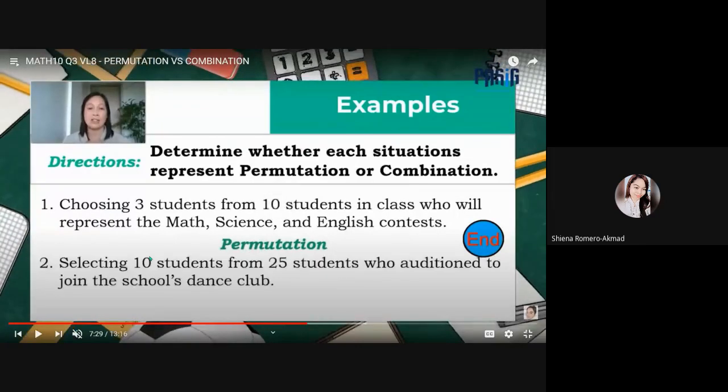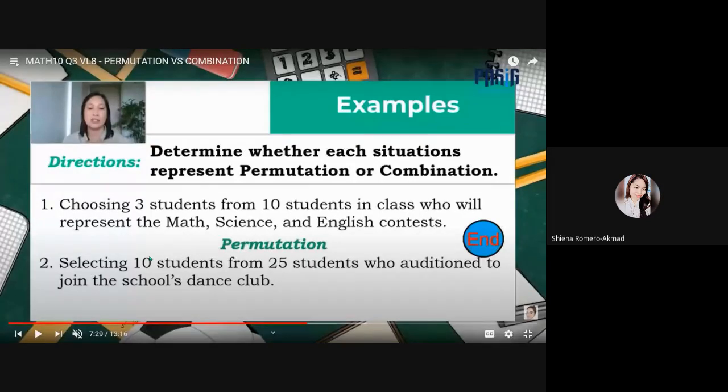Number 2, selecting 10 students from 25 students who audition to join the school's dance club. Dahil magse-select ka ng 10 students, ano mangyayari? Magiging combination na po siya.